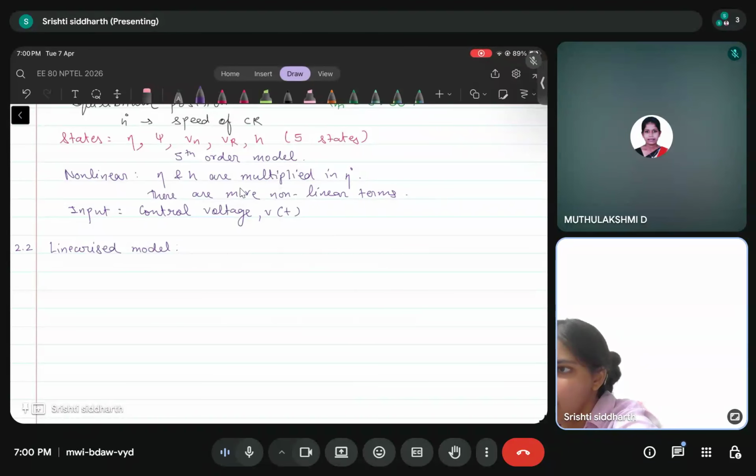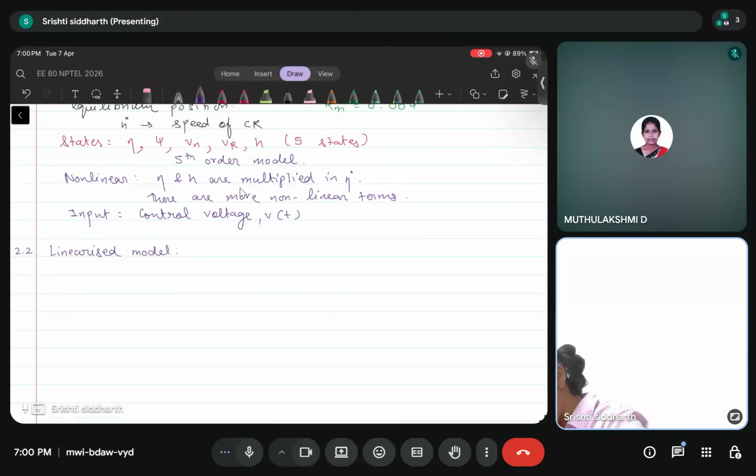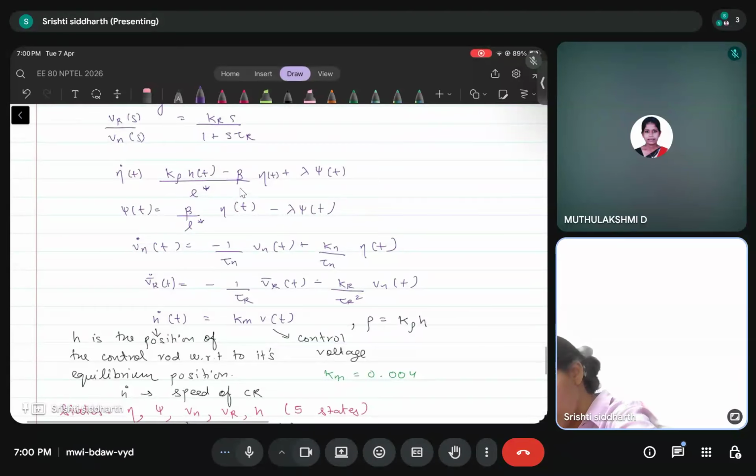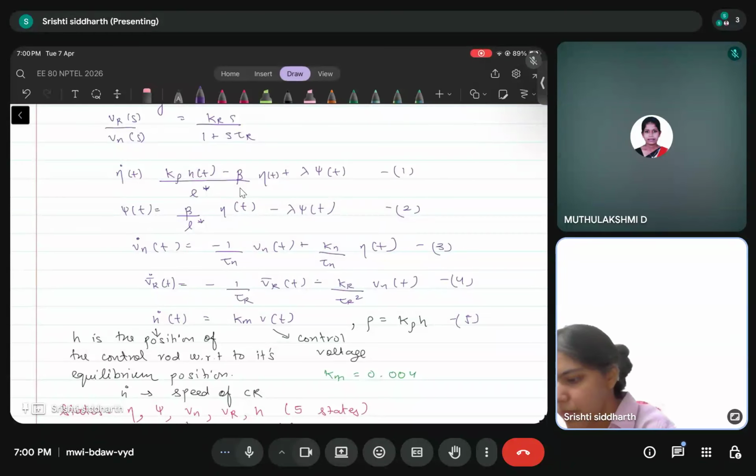We have the differential equations, nonlinear equations. So let's number them: 1, 2, and the fifth one.